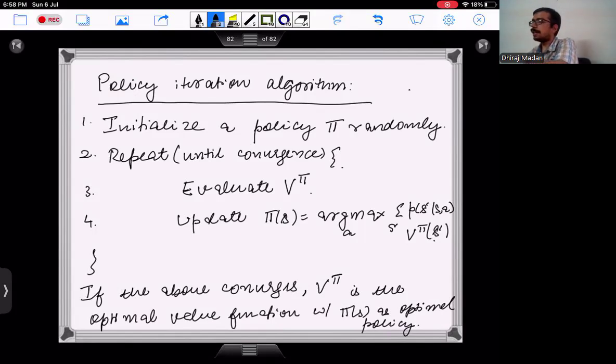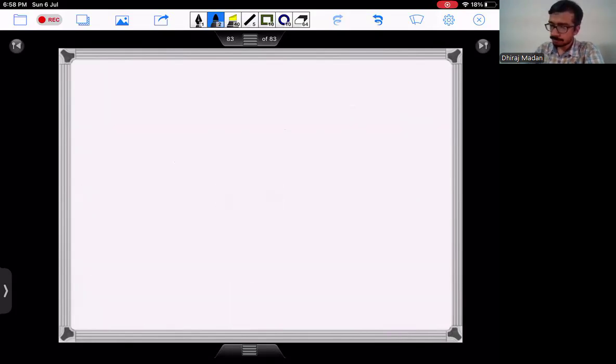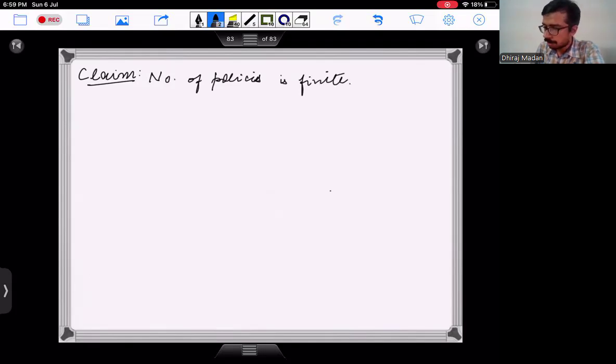Now the question is, does it converge? How many iterations will it take to converge? We'll discuss that now. The first claim is that the number of policies is finite, assuming of course a finite state space and finite action space.